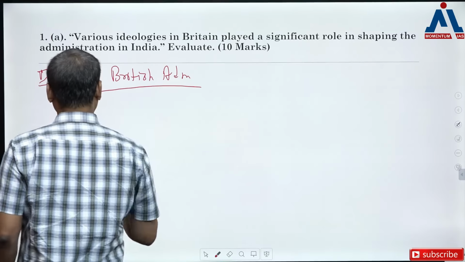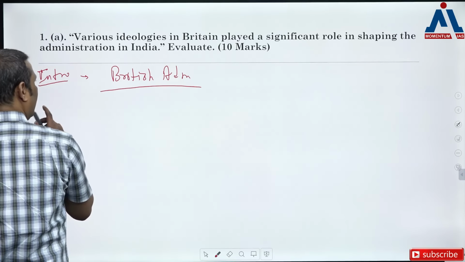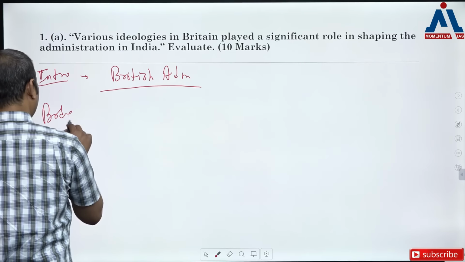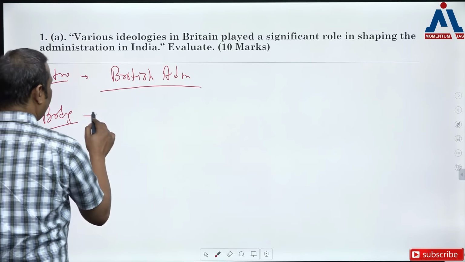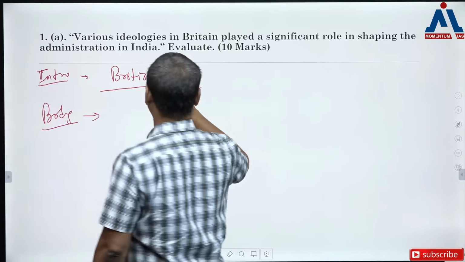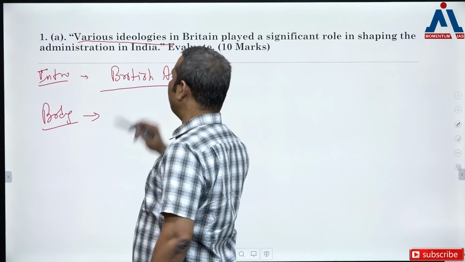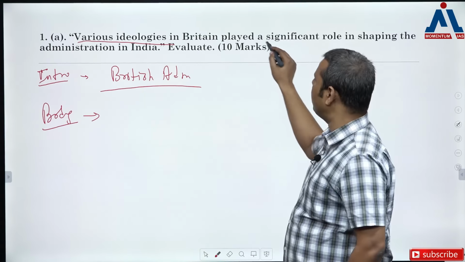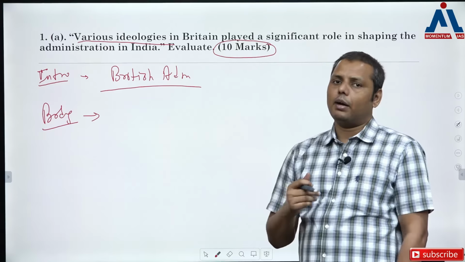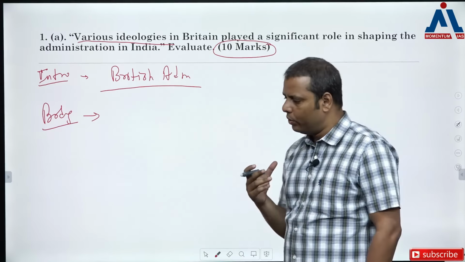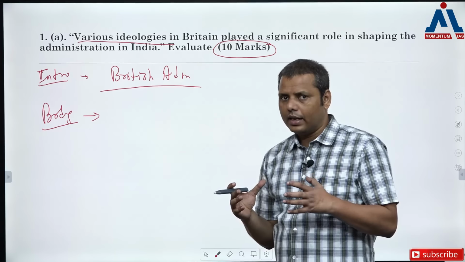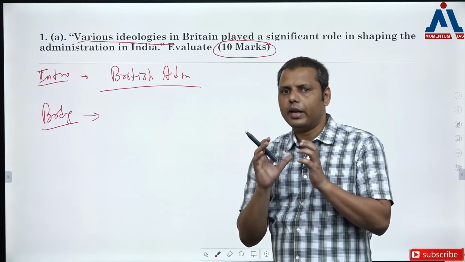Then in the body part you will be writing about the various ideologies which played an important role, as the question asks. Since it's a 10-mark question, you cannot elaborate on them. So the moment you feel you do not have ample words to elaborate your ideas, you should always go with point format, right?